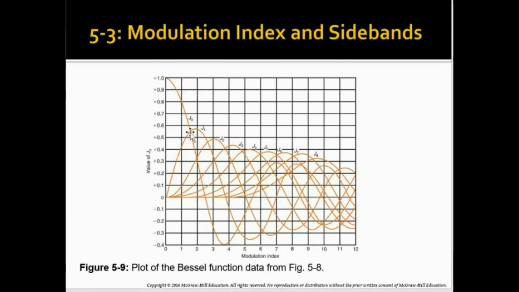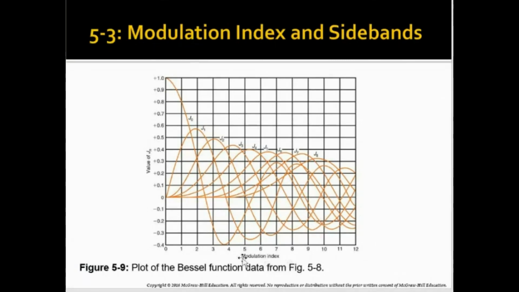This is for the first sideband, second sideband, third sideband. So this is the value of Jn, and this is the modulation index. If you want to use this instead of the table, you need to find the value by yourself.